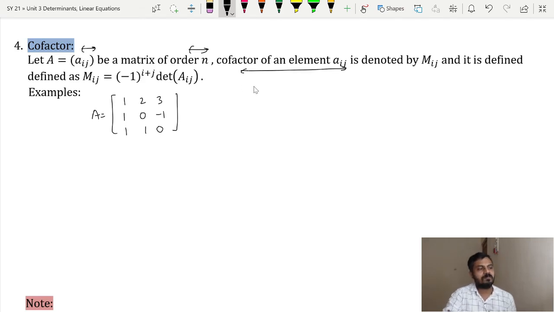Similarly, as with minor of an element, over here also we talk about the cofactor of an element. It is denoted by Mij, and the formula of Mij is (-1)^(i+j) times the determinant of Aij, and you know the determinant of Aij is nothing but the minor of the element Aij.